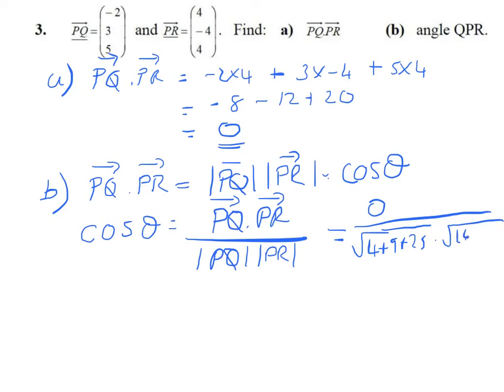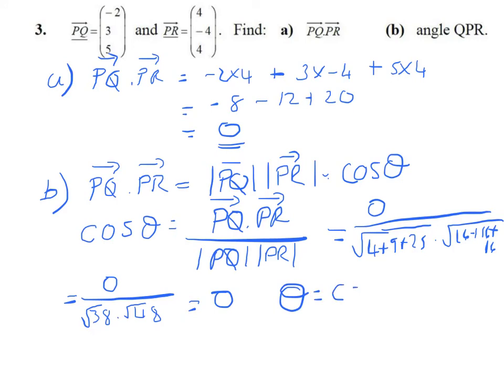I get 16 plus 16 plus 16. So I'm going to end up with 0 over root 38 times root 48, which in this case of course equals 0. To find theta, I will do an inverse cos. Now of course I already know the inverse cos of 0 is 90 degrees.